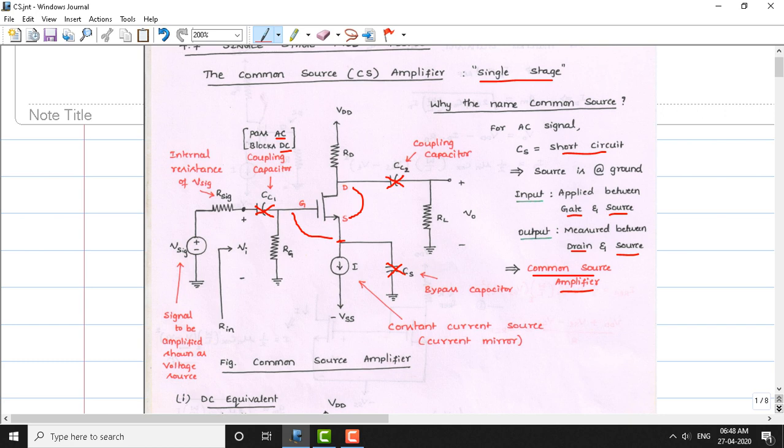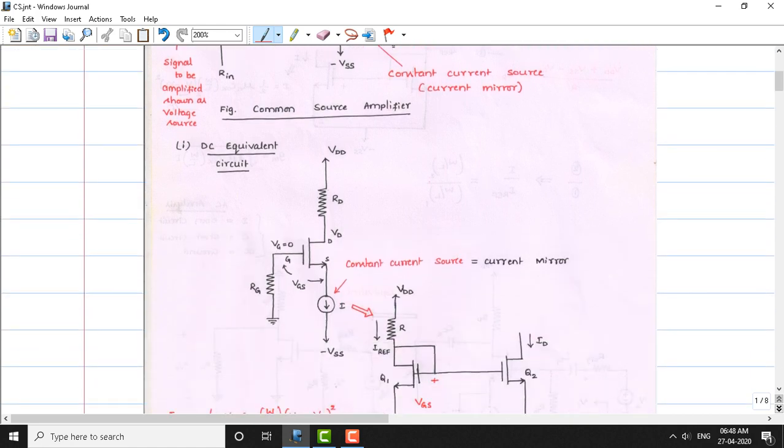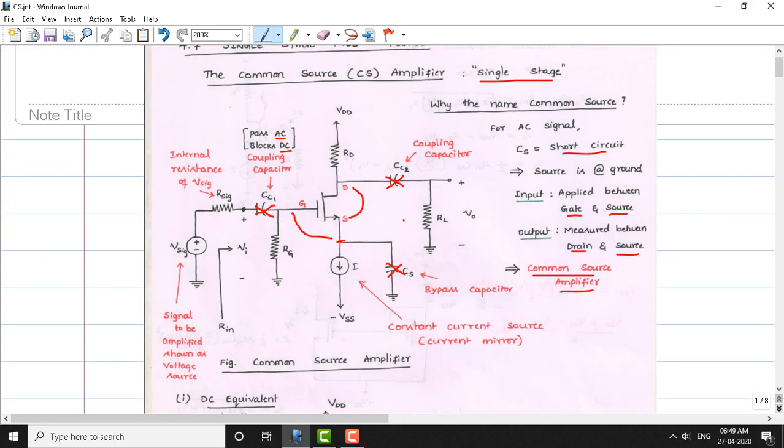The equivalent circuit produced by removing the capacitors is called the DC equivalent circuit. The resultant DC equivalent circuit is as shown here. After removing these capacitors, the resultant circuit contains RG. There is a current source here, and there is a negative supply, minus VSS, and a positive supply, which is VDD, followed by a resistance RD.